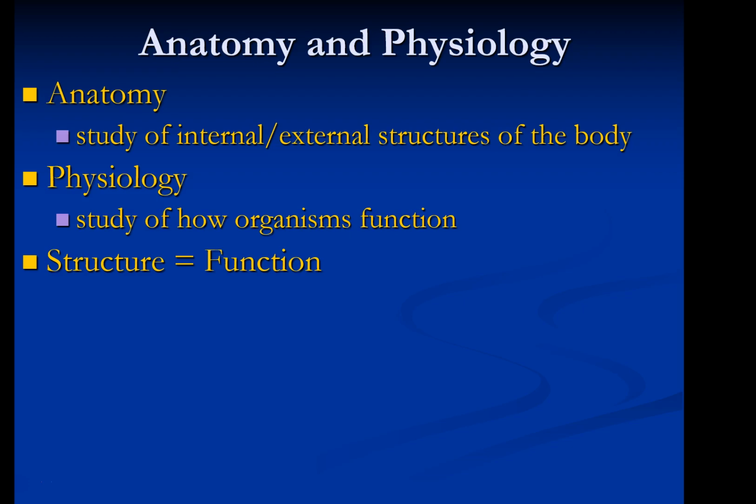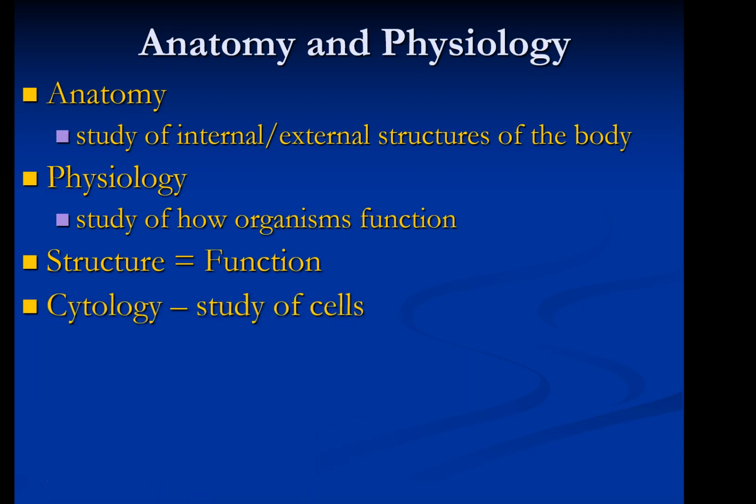Okay? Egg from the ovary. Doesn't have to move on its own. Cilia move it to the fallopian tubes, whatnot. So it doesn't have any structures to allow it to move because it doesn't need to move. Sperm needs to move, so it has a tail. The tail allows it to move. Its structure, what it's been given, equates to its function, what it needs to do. Okay?